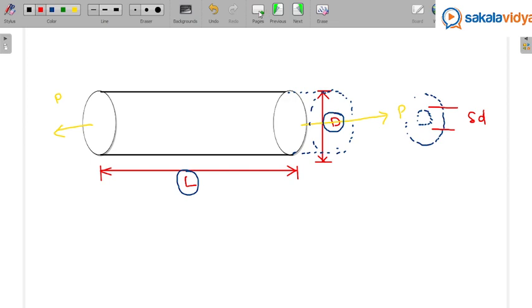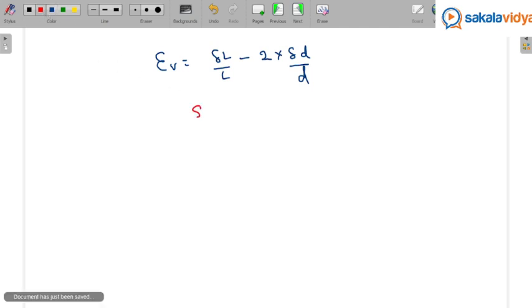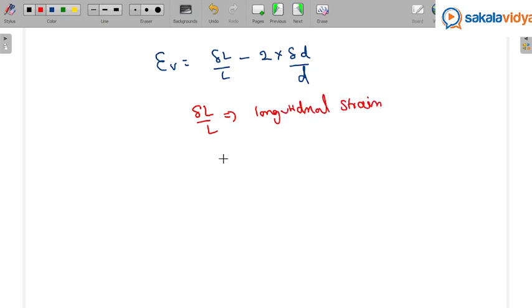So the formula to calculate the volumetric strain for a circular rod, sigma v is equal to delta L by L minus 2 times of delta D by D, where delta L by L is nothing but longitudinal strain, and delta D by D is nothing but lateral strain.